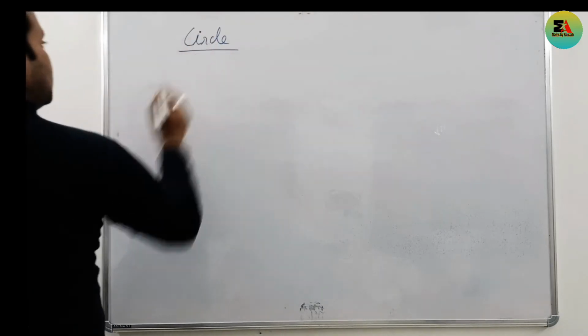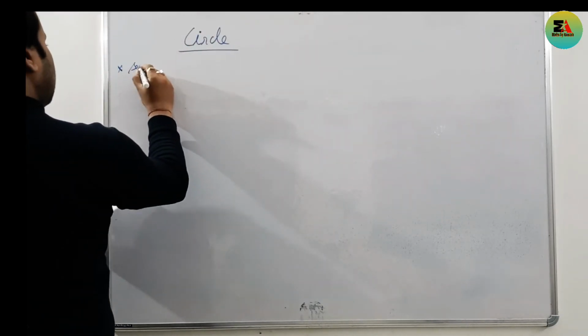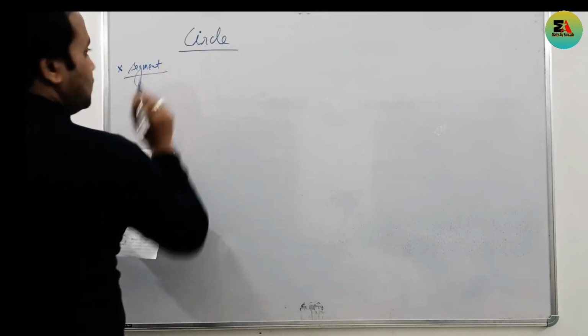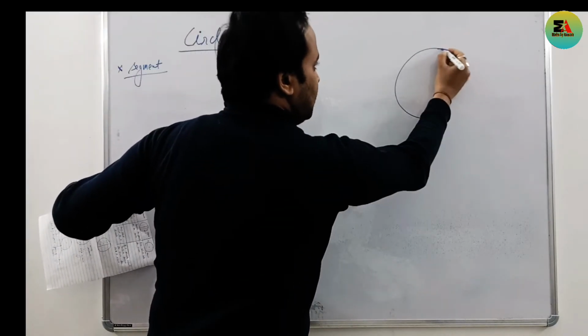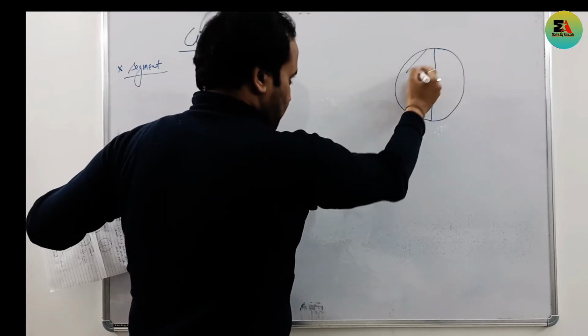Next we talk about segment. What is a segment? See, we have a circle. Suppose we divide the circle into two parts.